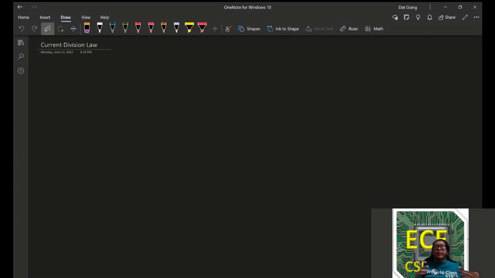Okay, so now we're going to be discussing current division law. Similar to voltage division law, current division law applies to purely parallel circuits. First, recall the idea of parallel.